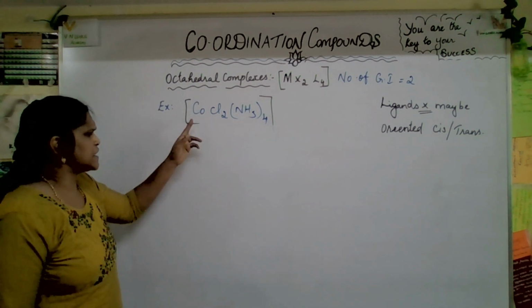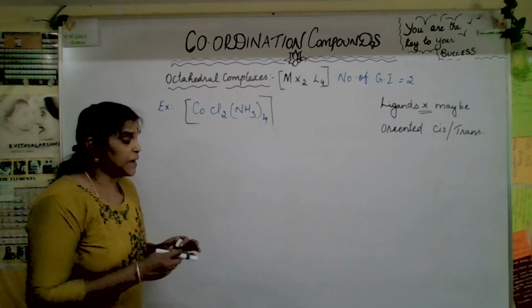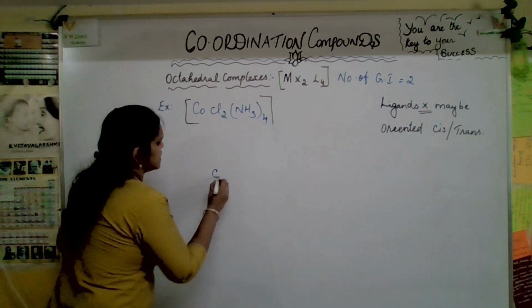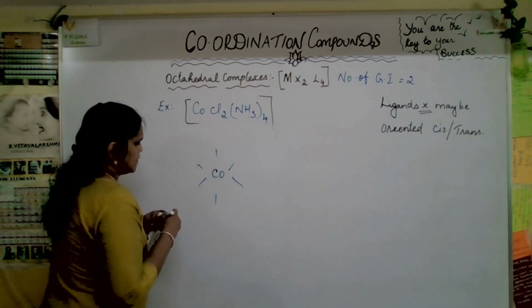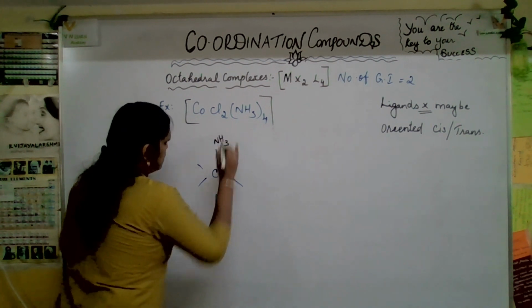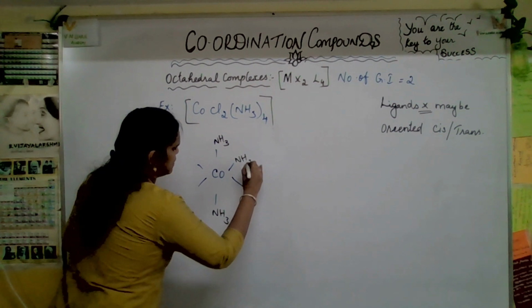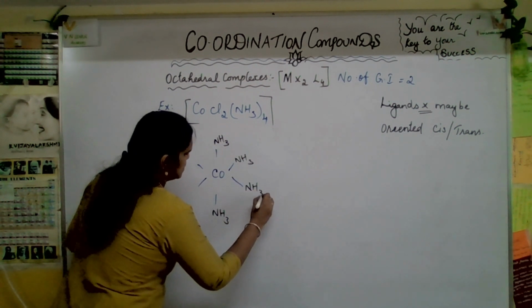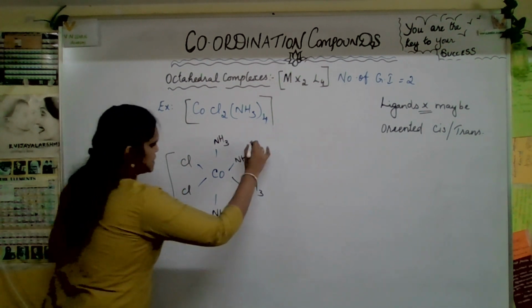So in this, for example, CoCl2 NH3 4 times. Which is the central metal ion? Co, it's a central metal ion. NH3 4 times, right? So NH3 and here NH3. In this NH3 adjacent to each other, that is called cis isomer.